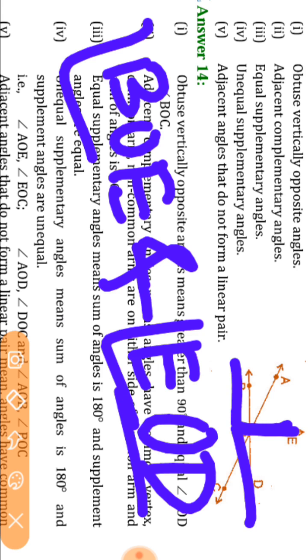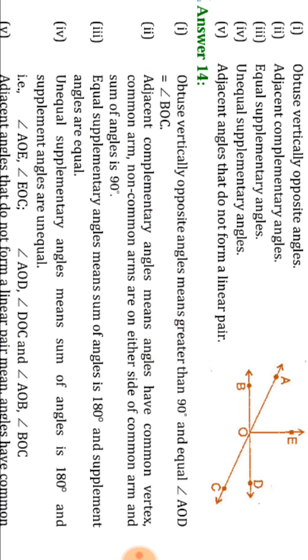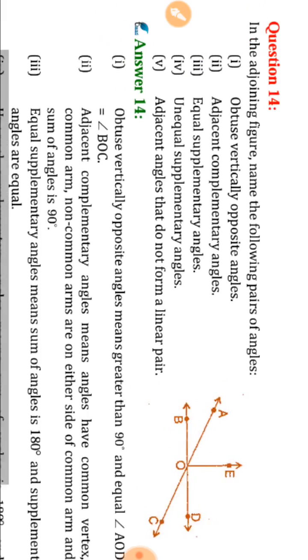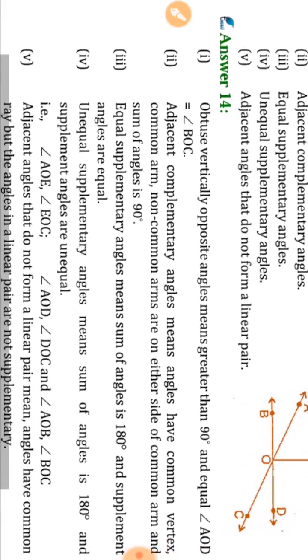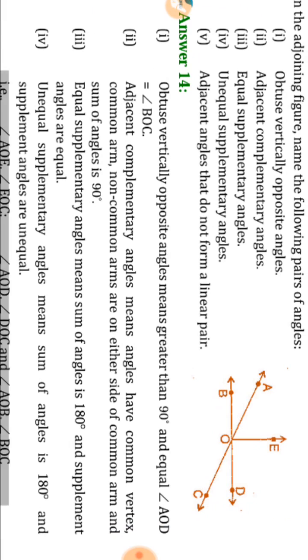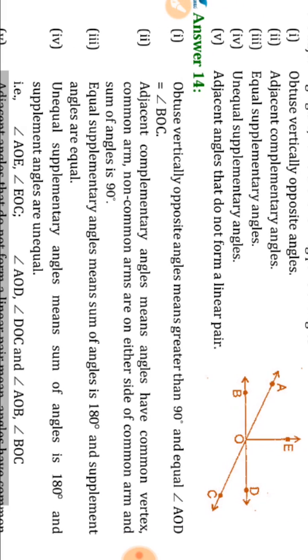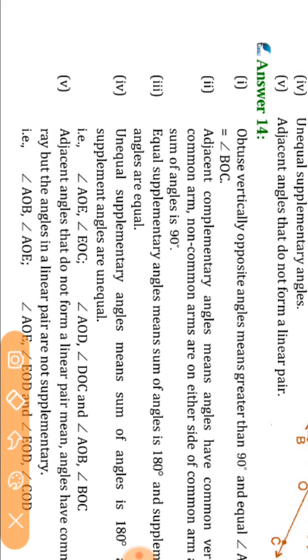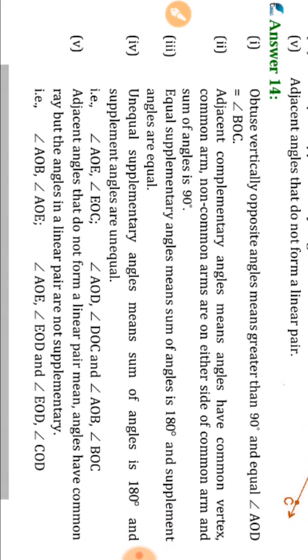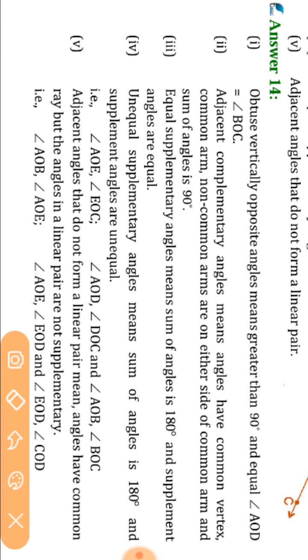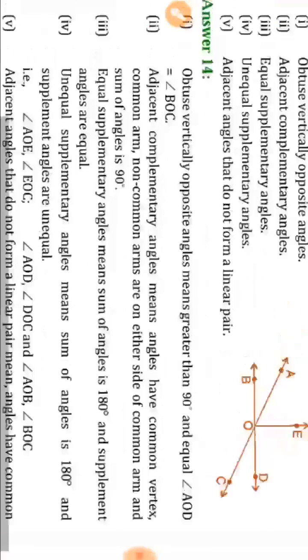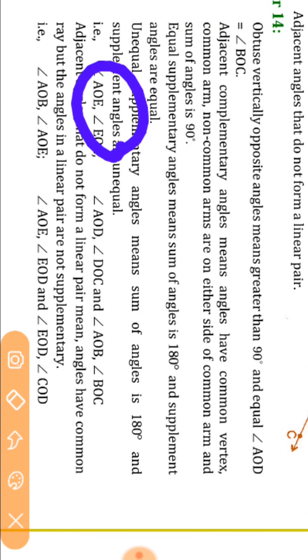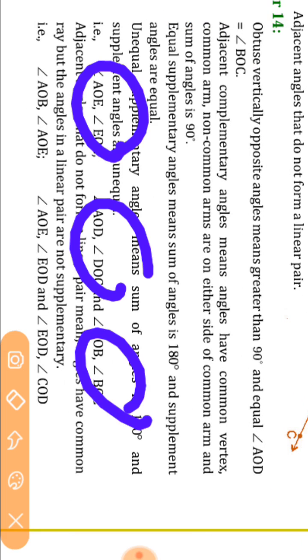These two are equal supplementary angles. Then unequal supplementary angles. Supplementary pairs can be any that sum to 180 degrees. So here we have AOE and EOC, AOD and DOC, AOB and BOC. These pairs are the unequal supplementary angles.